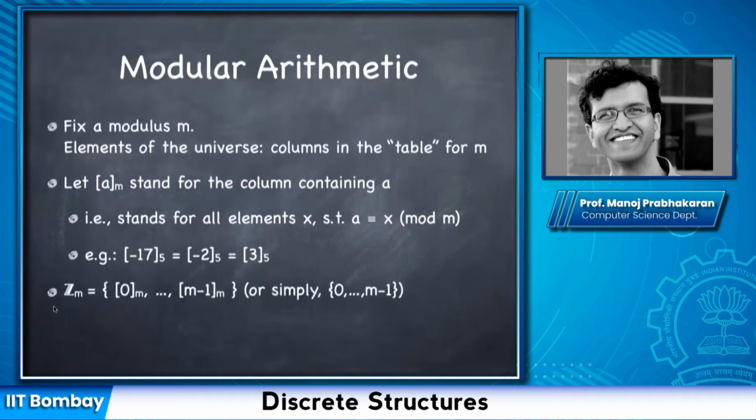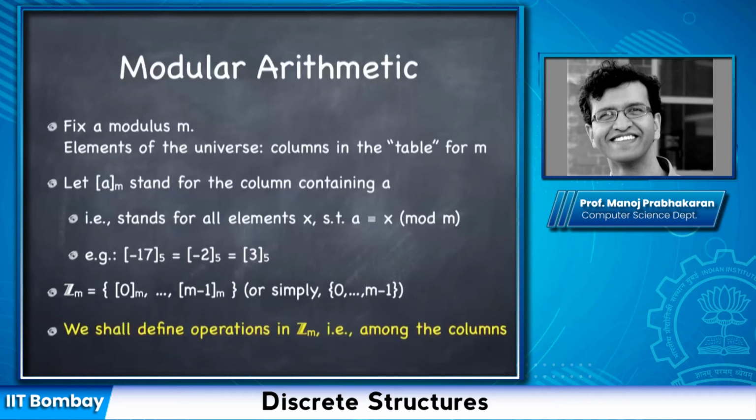So the universe that I mentioned here, I'll denote it as Z sub m. It consists of the m columns labeled 0 to m minus 1. Sometimes I'll drop this boxed notation and just simply refer to the columns by their representatives, which are in the range 0 to m minus 1. Okay, so as I said, we are going to define operations over this universe.